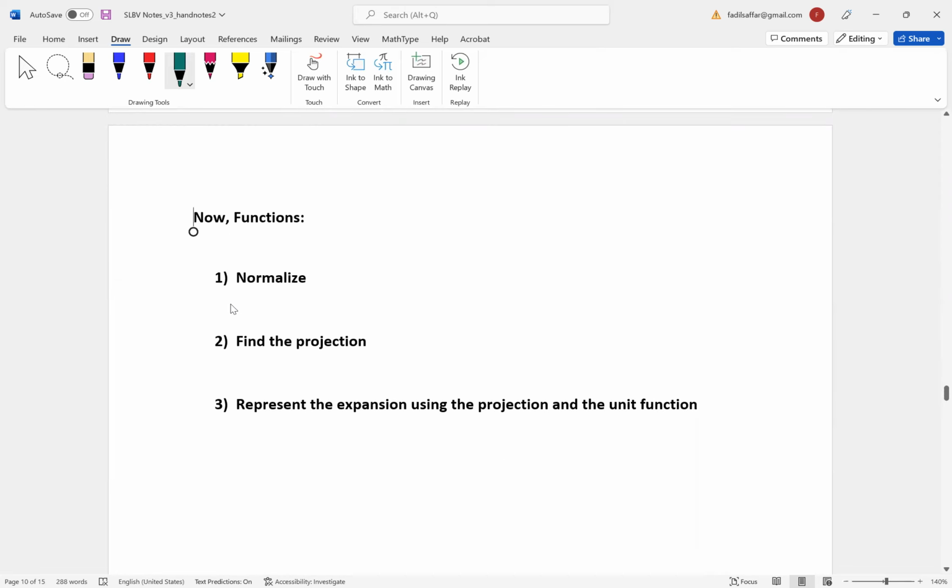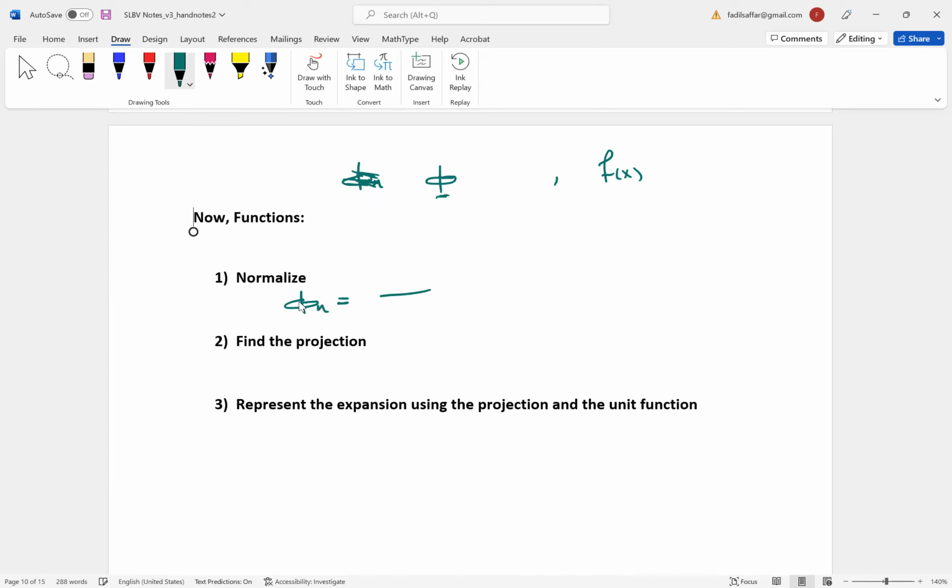Basically, if we have any function, let's say a function phi n, or a function f, just phi. Let's cross this one. And we want to represent a function, let's call it f of x, in terms of that function. All we need to do is to normalize this function here and find, let me call it, phi n.